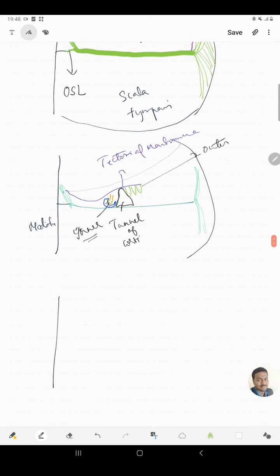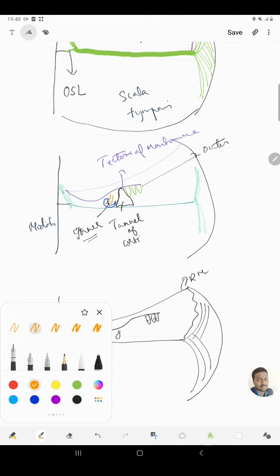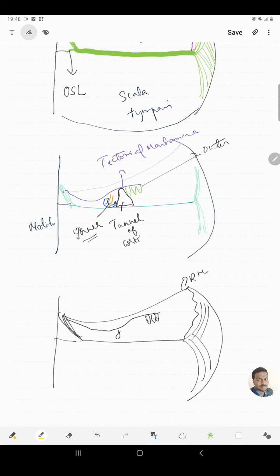Again, this is the modiolus, osseous spiral lamina, the basilar membrane, spiral ligament, stria vascularis, Reissner's membrane, and here is the tectorial membrane, inner hair cell, outer hair cell, and the supporting cells. We'll remember 3 things.